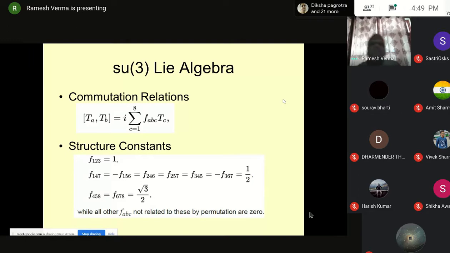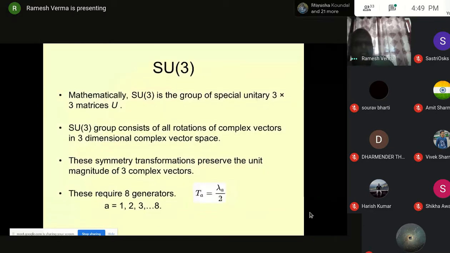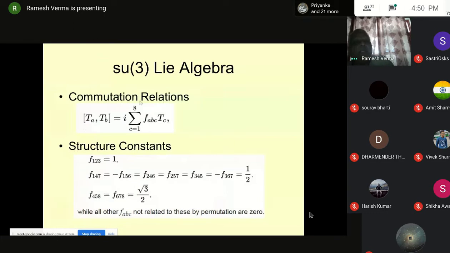As I said, once we start with some transformation, we find the generators, and once we have the generators, we find all possible commutation relations among them. So here the commutation relation between these eight generators, which are given by lambda matrices, it is not a very big exercise to show that the commutator of T_A and T_B, that means T_A T_B minus T_B T_A, can be expressed as a linear combination of these.